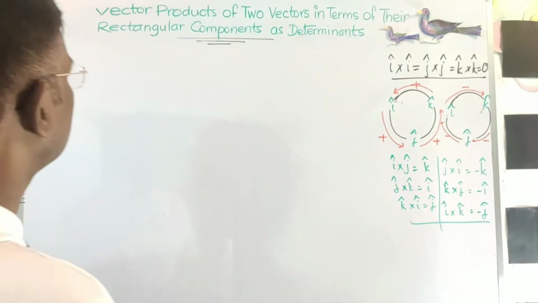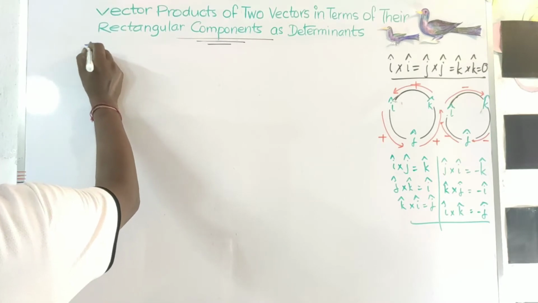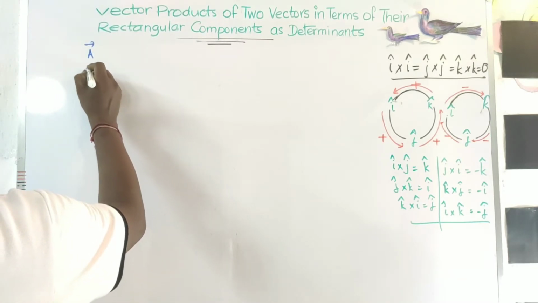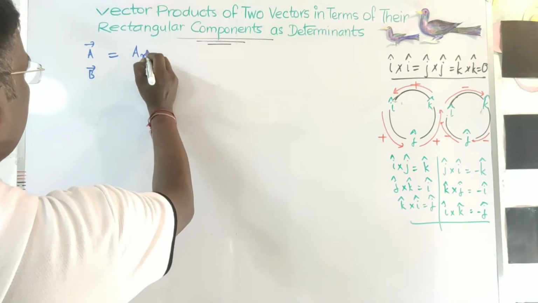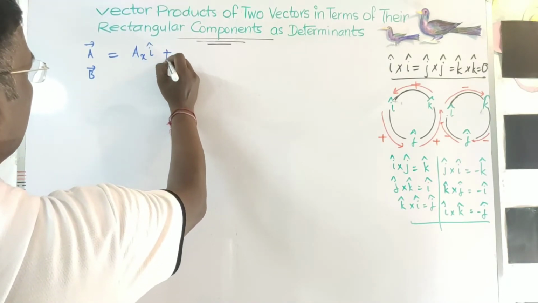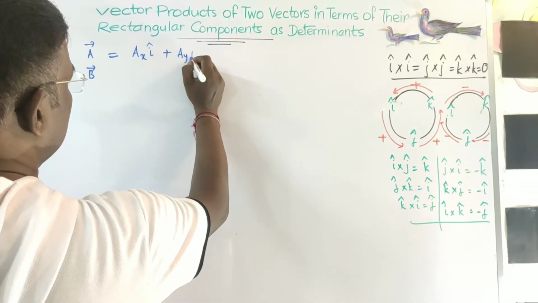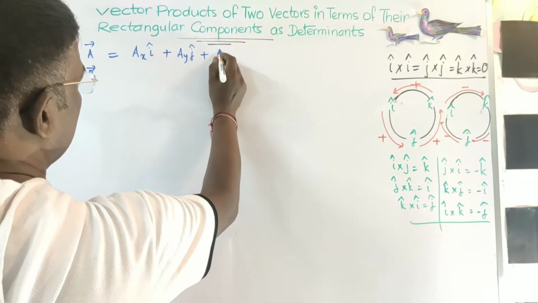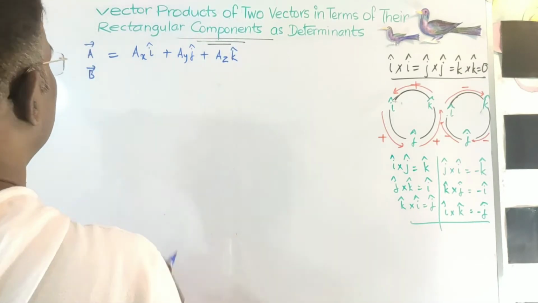Now here let's take any two vectors A and B. Now A can be expressed as Ax i, all of you know, plus Ay, its component vectors, j plus Az k, isn't it?